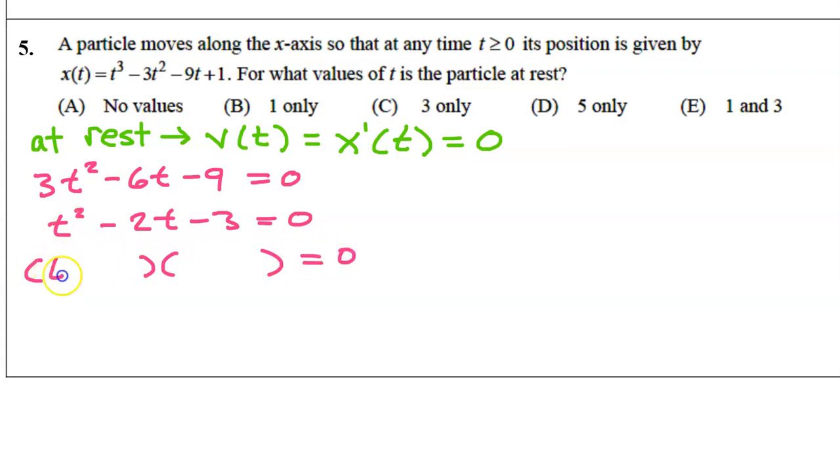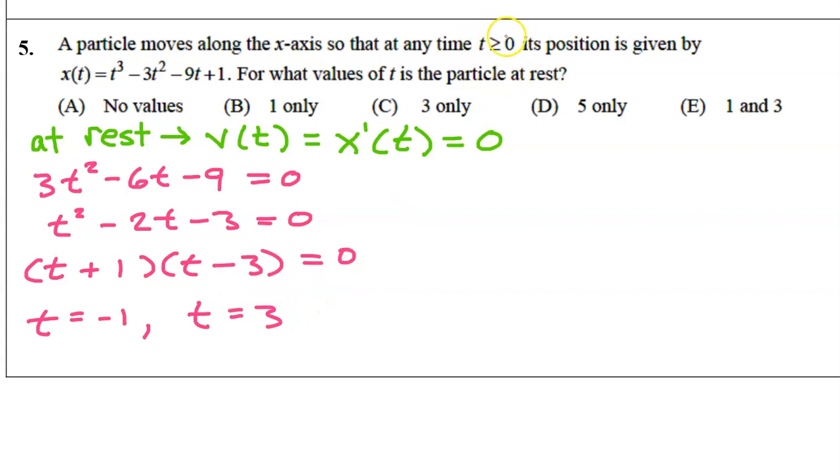T squared will be t times t. 3 is 1 times 3. In order to get a middle of negative 2, I'm going to need a positive 1 and a negative 3. So it's factored. Using the zero product property, we set each of these factors equal to 0 in order to solve. So we know that we will have t is equal to negative 1 or t is equal to 3.